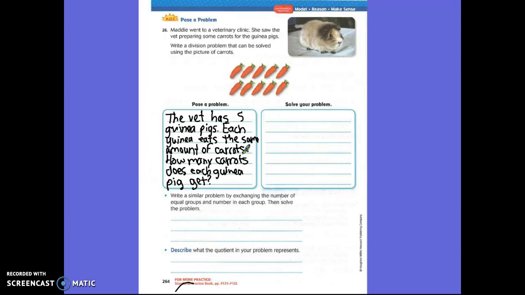No, we don't know that he fed each 2. We know he fed each an equal amount. What do we know, though? Cooper? He has 5 guinea pigs. He has 5 guinea pigs, but what else? It said right here, write a division problem that can be solved using the picture of carrots. What do you know, Eli?